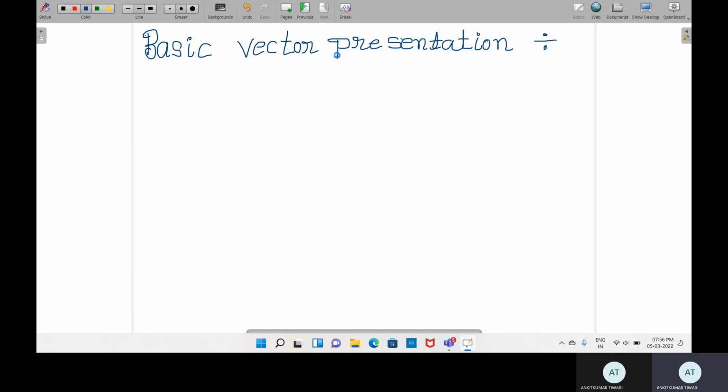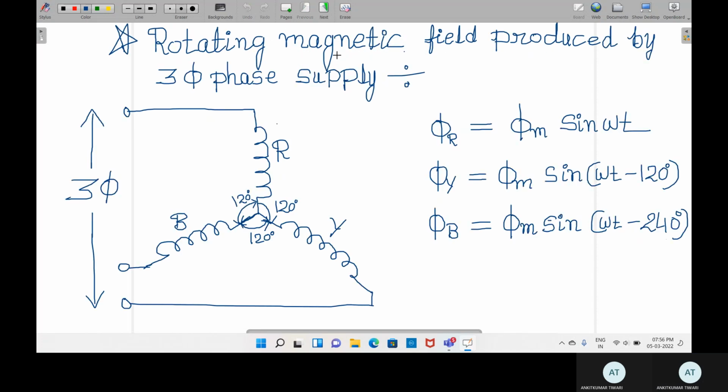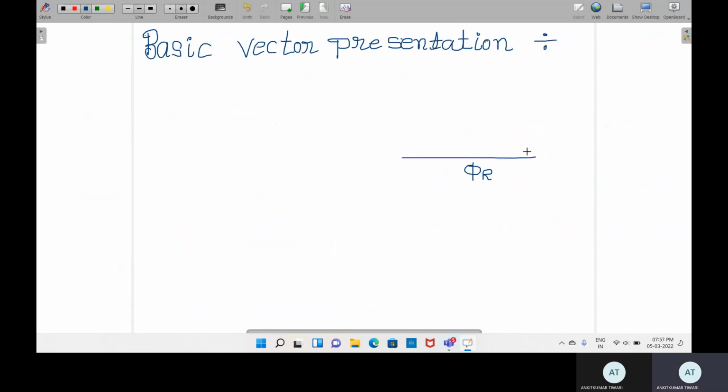There is the R phase. The R phase will produce the flux phi R, so I will draw it as a reference. This is our phi R. I represent it as a vector R.